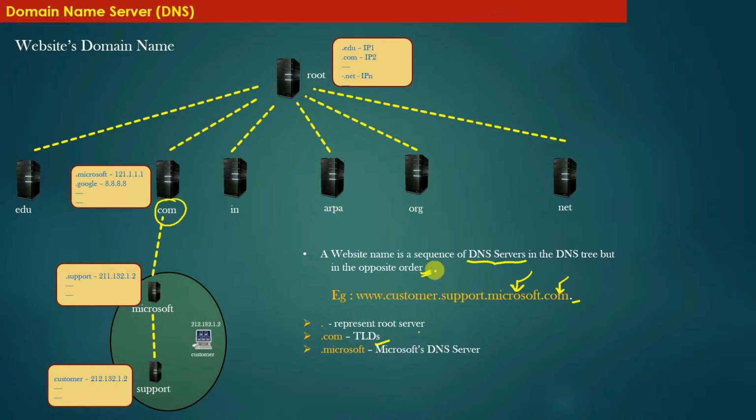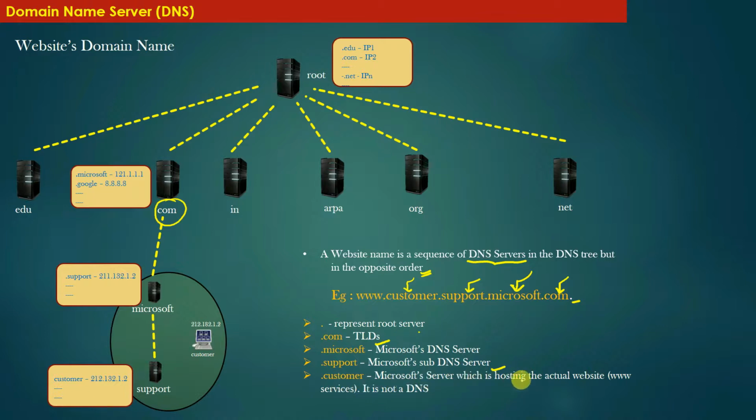The third literal is support. Support is a Microsoft subdomain DNS server. And the final literal is customer. Customer is the name of a server which actually provides a World Wide Web service to the end user. So customer is not a DNS server, but an actual server which provides the service.